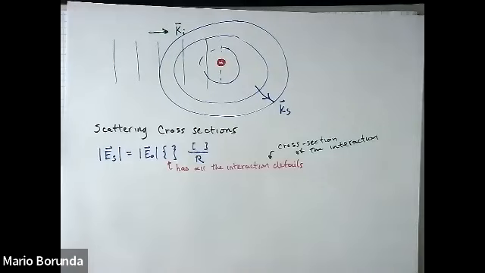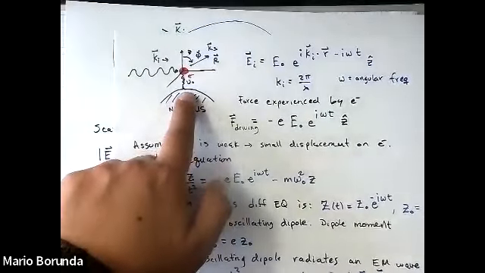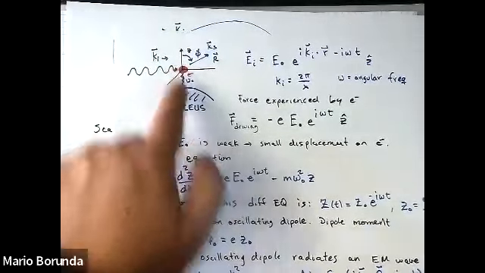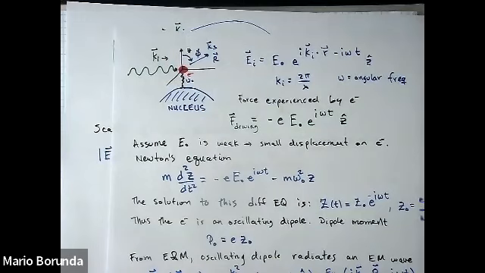So for instance, if you have atoms, and I think that this applies to most atoms, maybe all of them, there's a resonant frequency, omega naught, that is related to how the nuclei and the electrons are attached to each other. So in reality, atoms, nuclei are not connected with a spring, right?